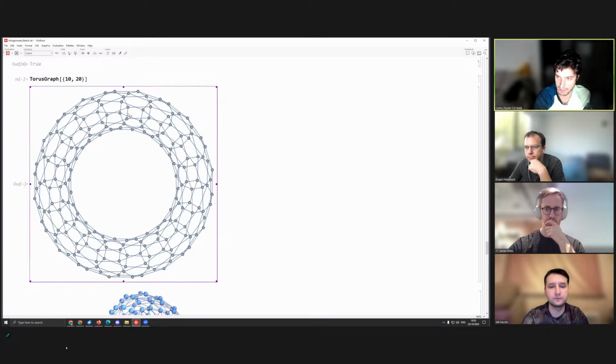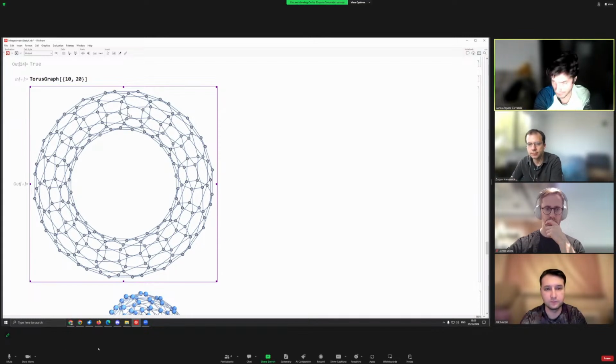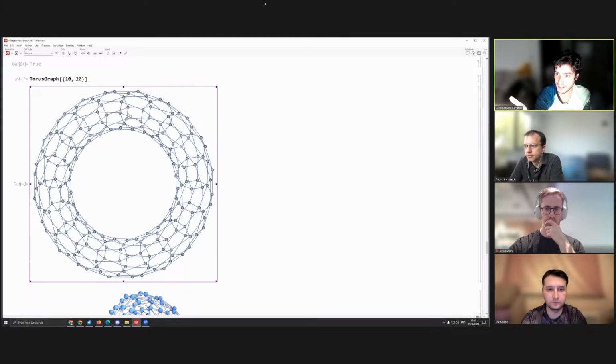If you parameterize your torus with two angles, a torus, as you all know, is just S1 times S1, a circle times a circle, Cartesian product. If you discretize your circles, so you have two cyclic graphs, and you just take the direct product of these graphs, this is the graph that you obtain.